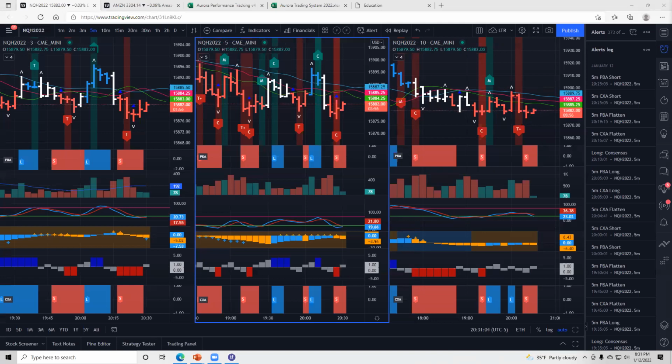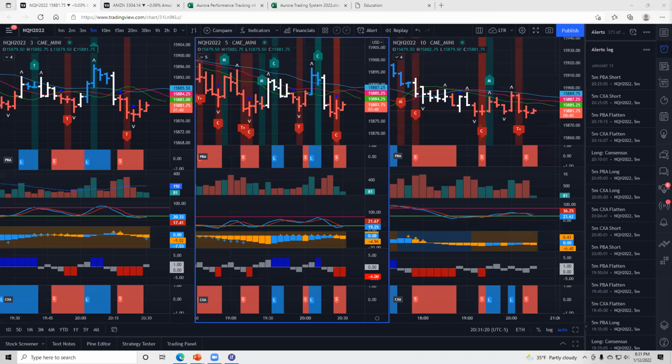But every version of the Aurora system that we've tested has performed very well. Now, very well to me was we had some versions that were averaging 60 to 75 points a day. We're now in a range where we're averaging 150 points a day.